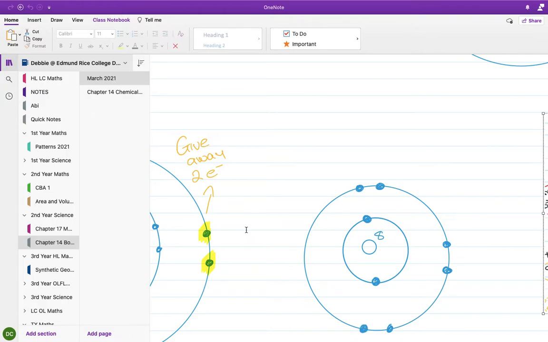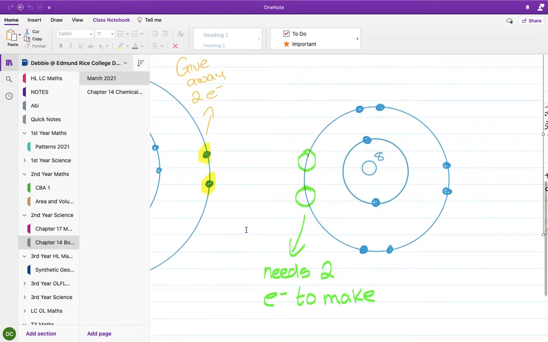Okay, so oxygen needs 2 electrons to make a full outer shell.